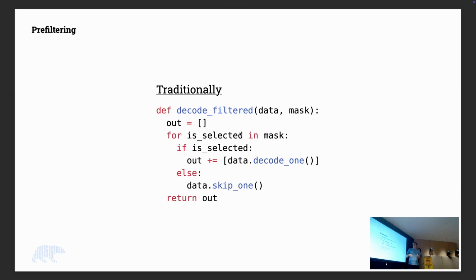If you look in some Parquet implementations, this is almost literally what it is. And if you think about Parquet being a very vectorization-friendly format, this is kind of insane, because this is super branchy. You have to keep state in your data. It's completely not vectorized. This is very slow, right?